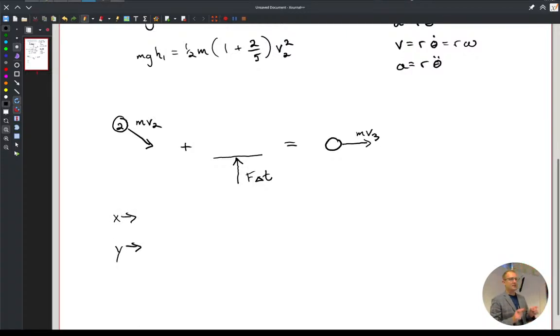But take a look at what the X and Y components are here. So what's the X momentum balance versus the Y momentum balance? How much momentum do you have before and after in the X and Y directions? I guess here, I'll give you.